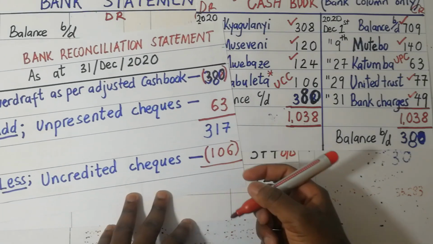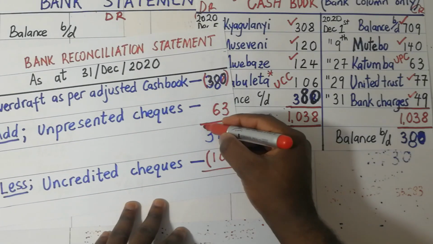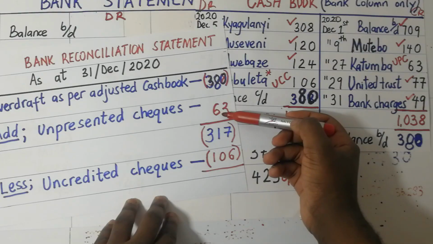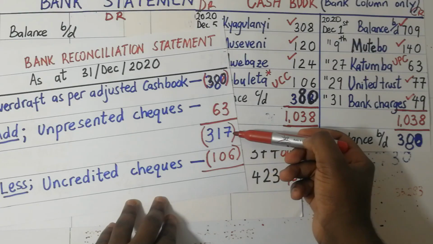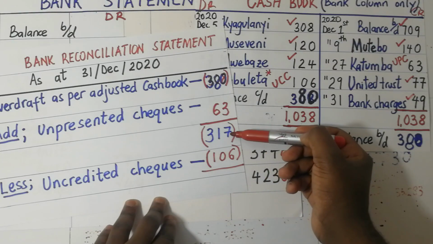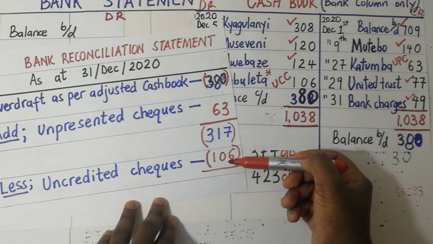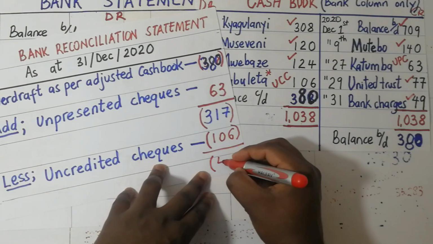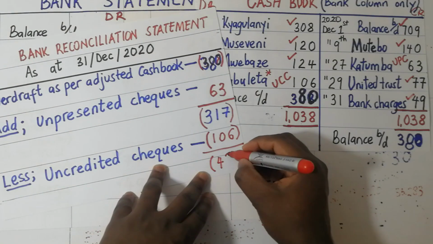So when we subtract, of course, this is a negative also. Negative 380 plus 63 gives us negative 317. So negative 317 plus negative 106, we shall end up with negative 423.